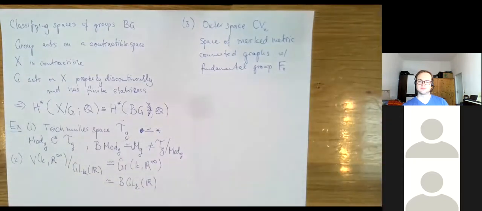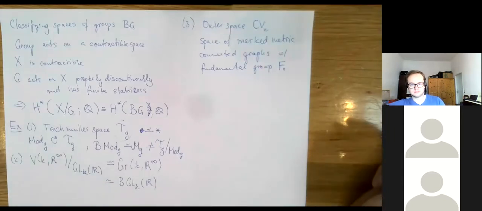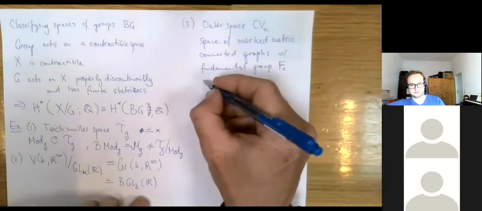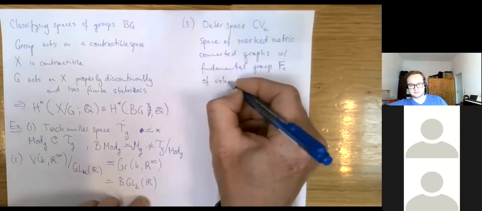That means you have, roughly speaking, n loops in your graph of volume 1.